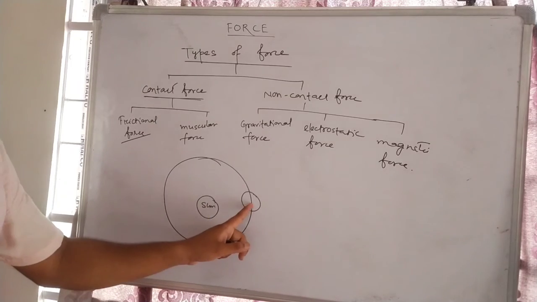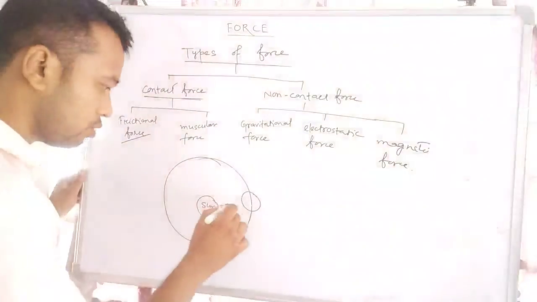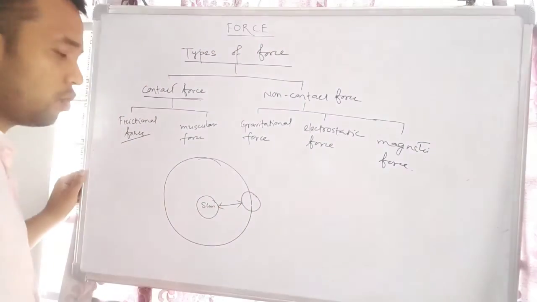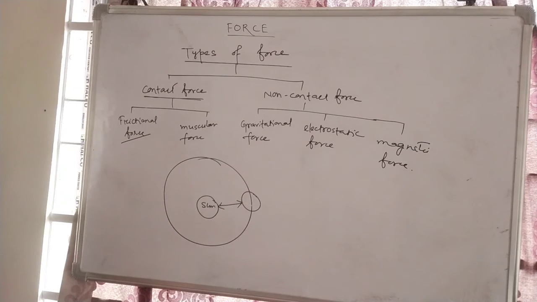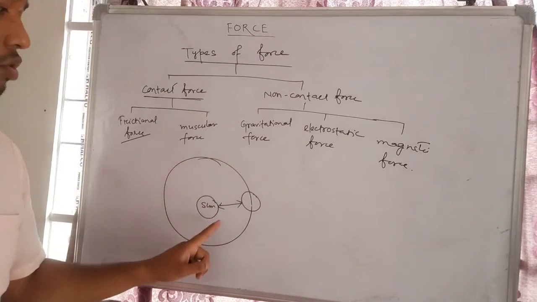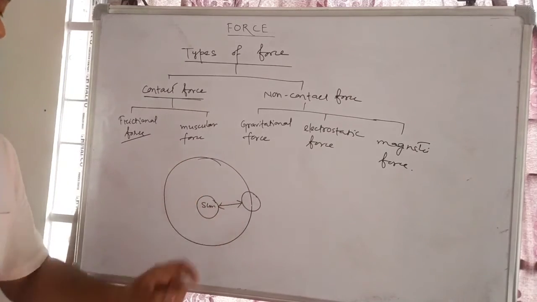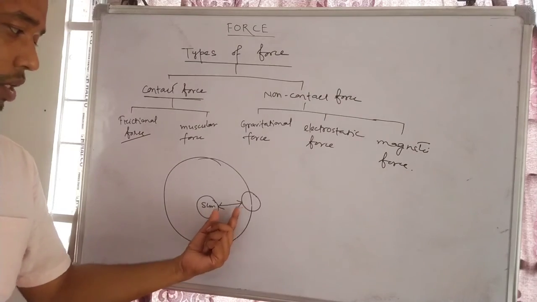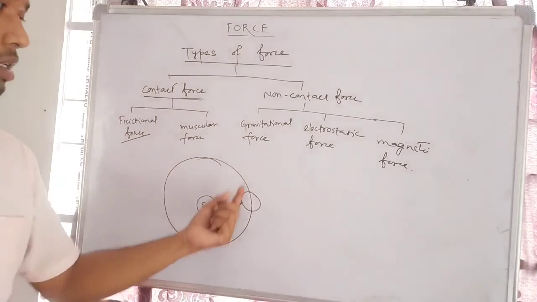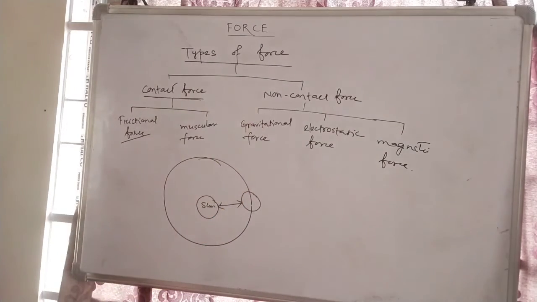There is no contact between sun and earth, but between these two there is a gravitational force. They are always attracting each other, and due to this gravitational force only it is possible for earth to rotate in its orbit. So without being in contact, there is a gravitational force, and that's why it is called non-contact force.